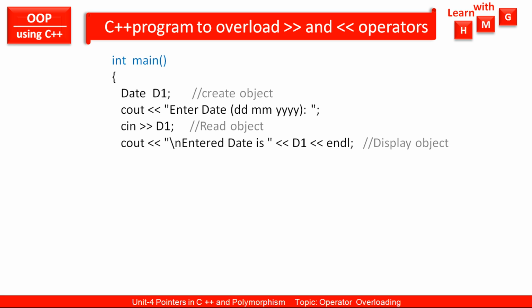But instead of that, now we are directly displaying the value of object d1 using the insertion operator. So in this way the insertion operator is overloaded to display the entire object d1 directly.